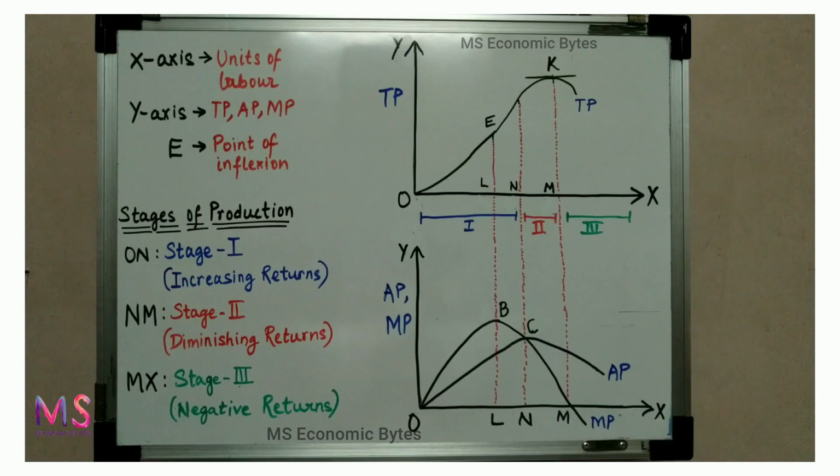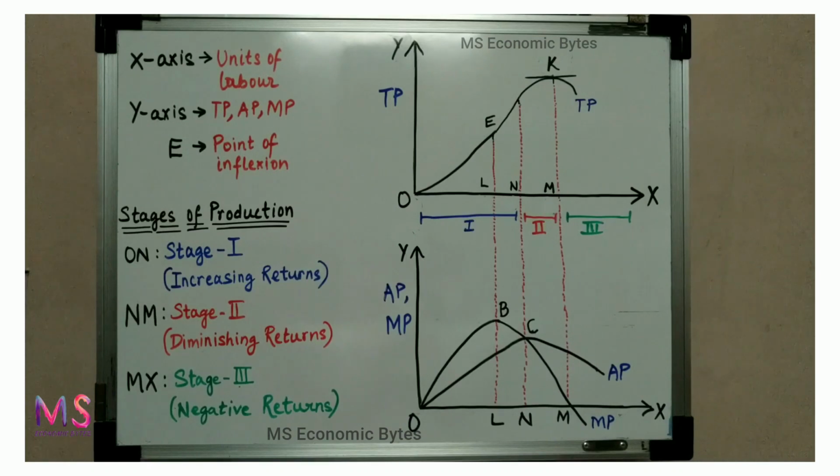In the first stage, when land and labor are combined, both the factors get completely and appropriately utilized, which is why the total product increases at a rapid rate. But eventually, the quantity of land being fixed, when more and more labor is employed in the production process, the contribution to the total product starts reducing, and that is seen in the reduction of the marginal product curve.